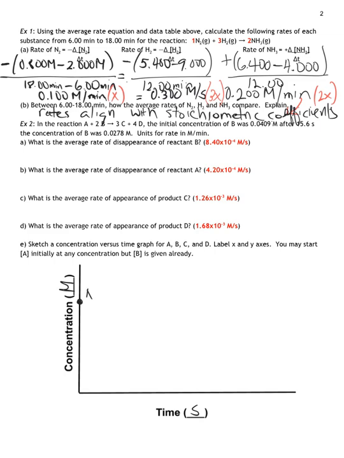So my black color is my A. And because it has the lowest coefficient, it's going to decrease the slowest compared to the others. Then I'm going to move on to my other reactant, which is B. I'm going to make B green. In B, I can start anywhere along the y-axis, but I have to have some.